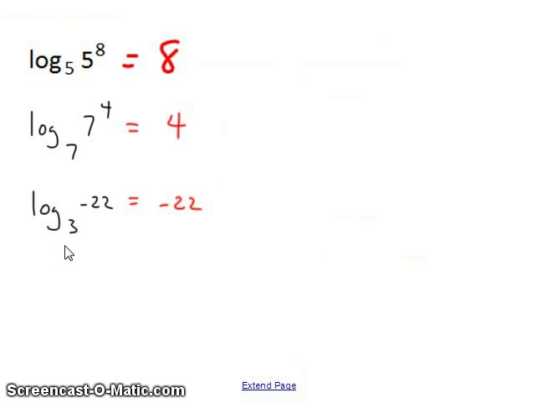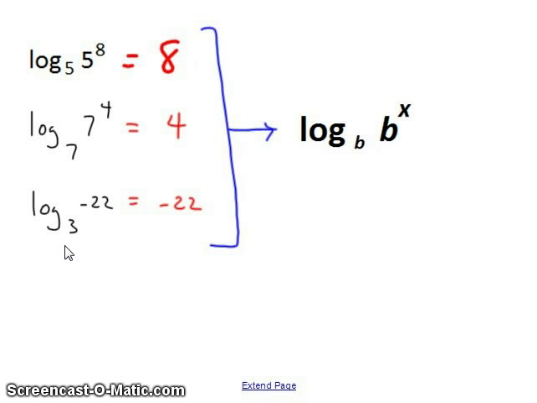Not surprisingly, it's negative 22. Let's collect this and look at the pattern and say there's a general rule. If the base and the base of the exponent in the thing you're taking the log of match, then that exponent is going to drop down and become your result. So in other words, the log of this whole thing simply becomes the same as whatever the exponent was.